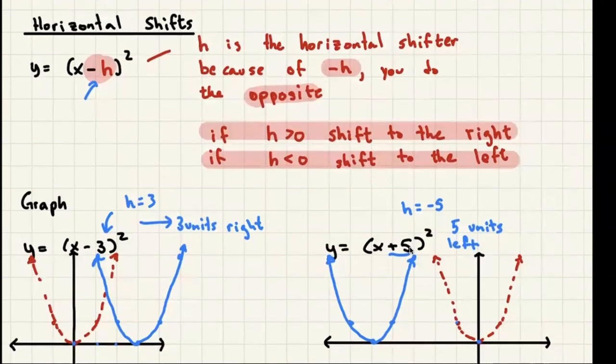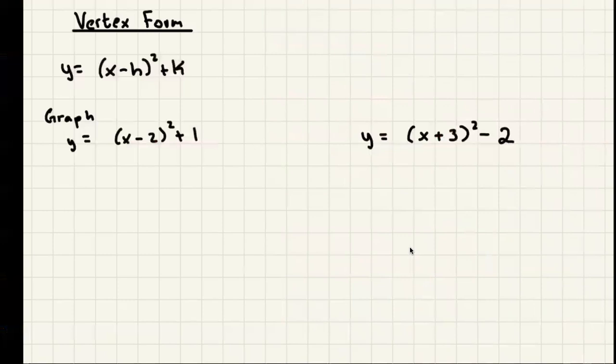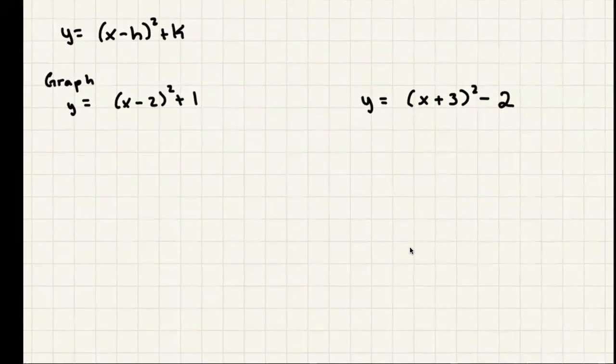They're not too bad. Next up, the last part is putting it together. We're going to go over what A does on a separate day, since A is going to be a little bit more complicated. So how do we graph this? We just have to look at what our shifts are going to do.